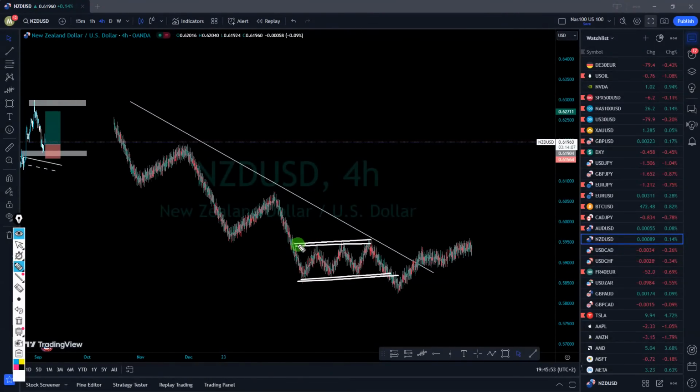We're going to mark this level and say, even if you don't mark it that long, as long as you can see that my previous support was here, it's a potential support that the market can respect. So we can say only if the market breaks this level. Why? Because there is a possibility for the market to respect that and continue going down, and that will mean, at the end of the day, it's an adjustment.